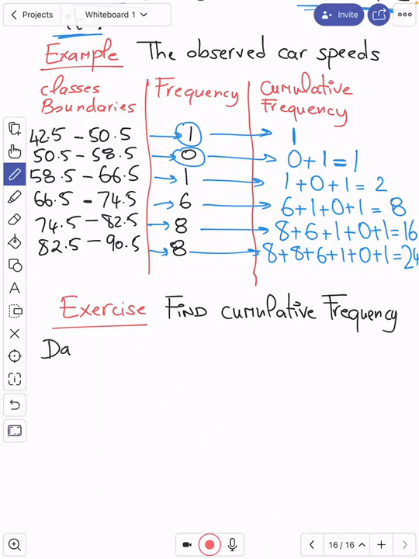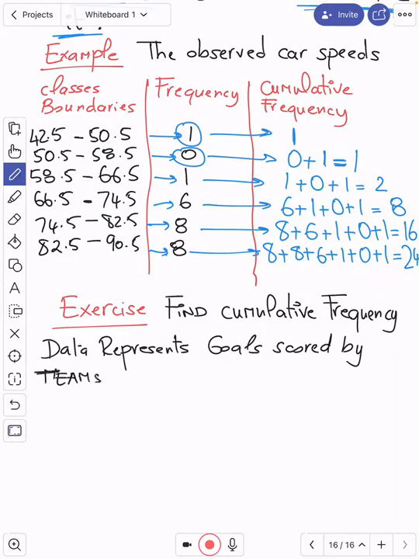This data represents the goals scored last season in the MLS Eastern Conference by the teams. Anyway, we are interested in the cumulative frequency.